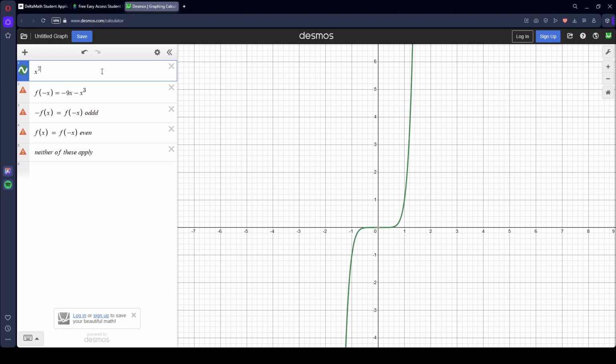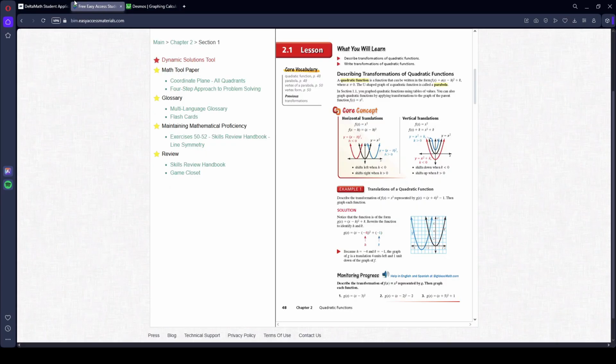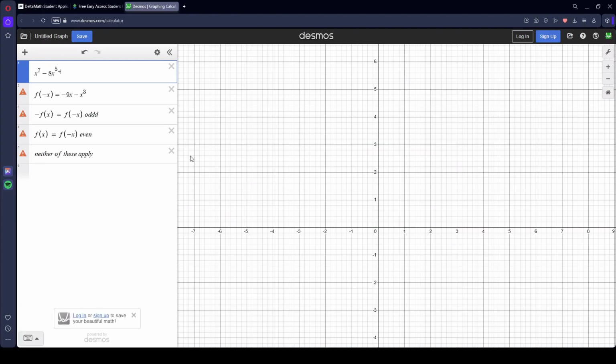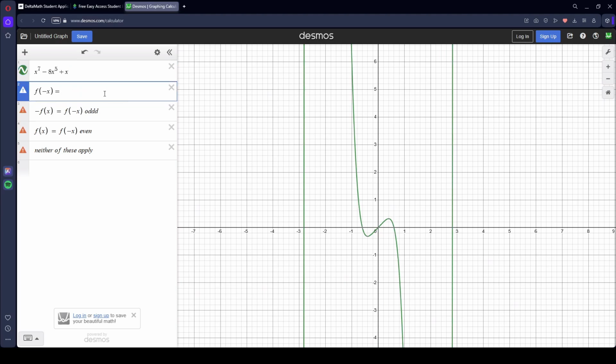I'm running out of time. f of x is 7 minus 8x to the power 5 plus x. Oh. Okay, f of negative x. Let's see.